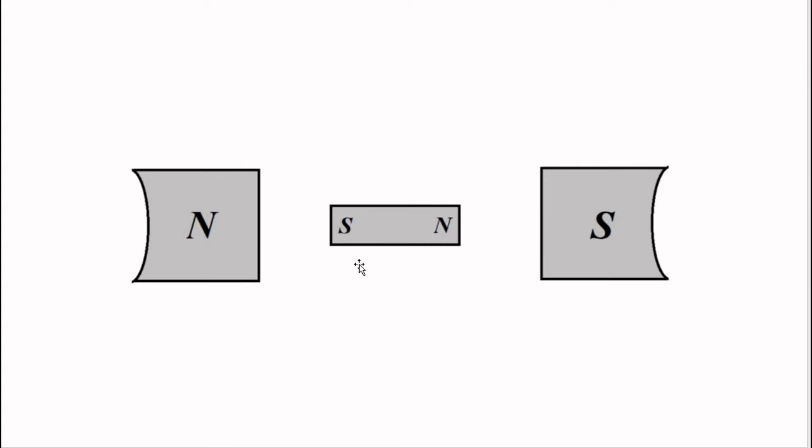It means that the end which is towards the north pole of the external magnetic field will become a south pole, and the one which is facing the south pole of the external field will become a north pole.